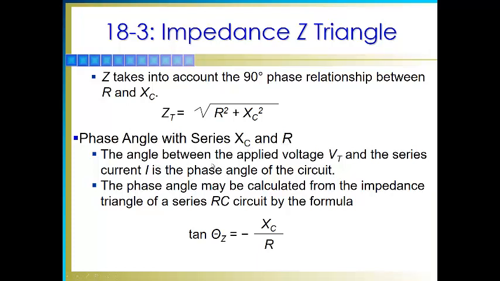The angle between the applied voltage Vt and the series current I is the phase angle of the circuit. The phase angle may be calculated from the impedance triangle of a series RC circuit by the formula: the tangent of the angle equals minus the reactance divided by the resistance.